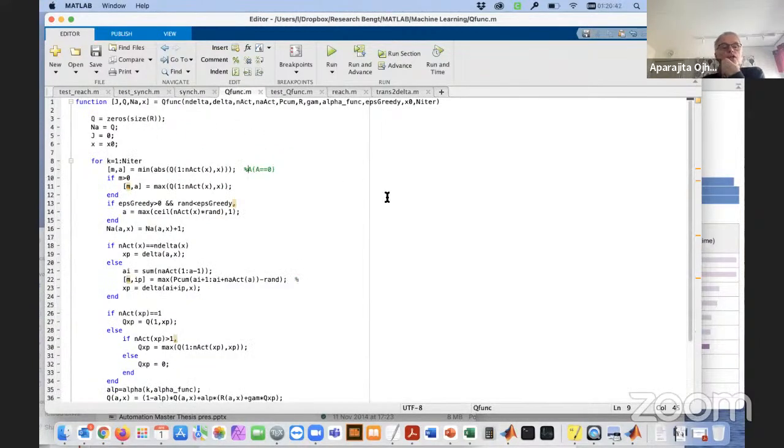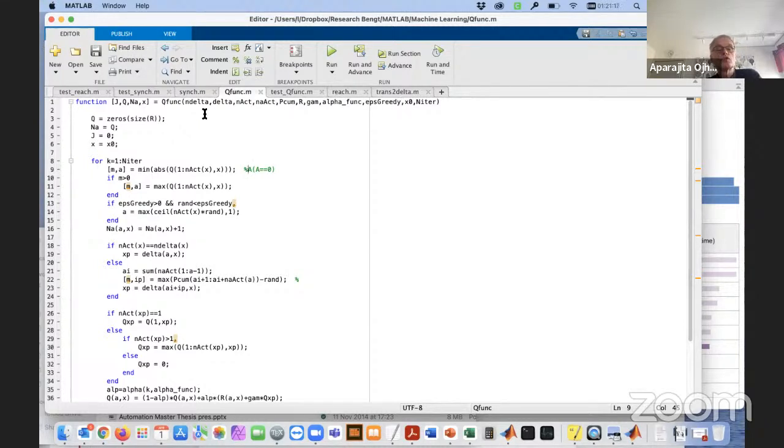Then for the Q function, you see that there are a lot of input parameters here, depending on what kind of added features one would like to have. For instance, one is of course how much of this epsilon grid, that should be a parameter, and the number of iterations, assuming that you start with some initial state.